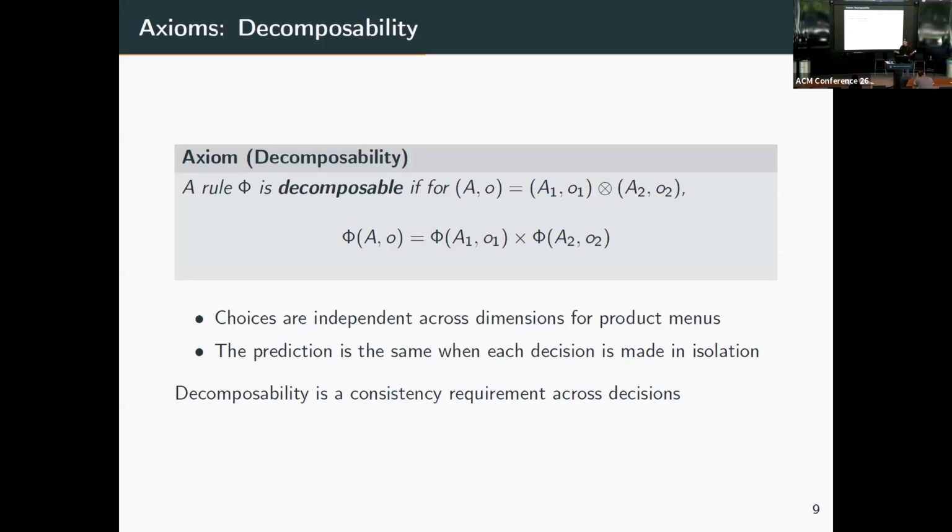Unavoidably, we need to assume that what we observe in this lab experiment must be independent of what our subjects do outside of the lab. It must be unrelated, unaffected by choice problems that they face in the background, and this is what decomposability gives you.